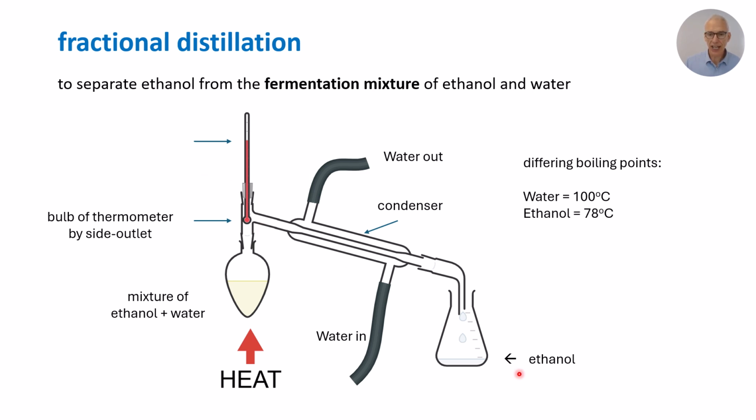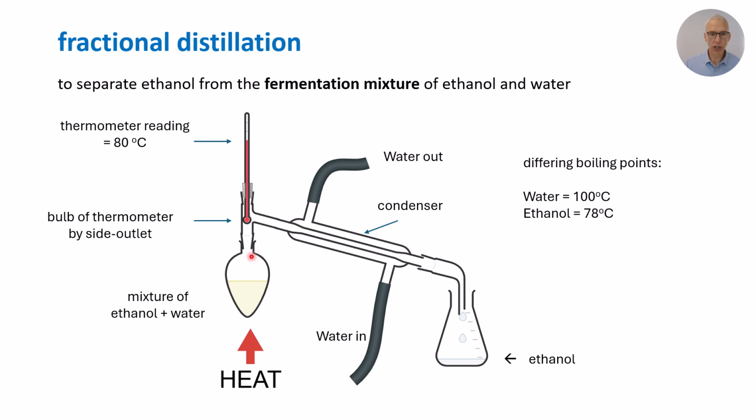If we're collecting ethanol, what is a suitable temperature to be recording? Okay, so temperature 80, the reason being it's lower than the boiling point of water, but at a temperature that will keep ethanol as a vapor.